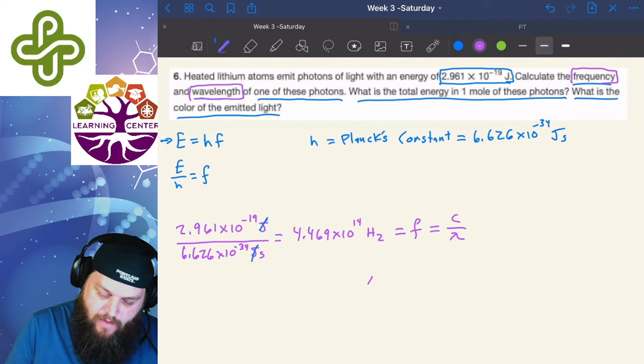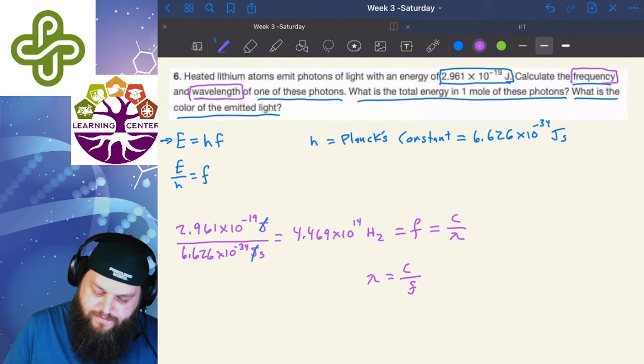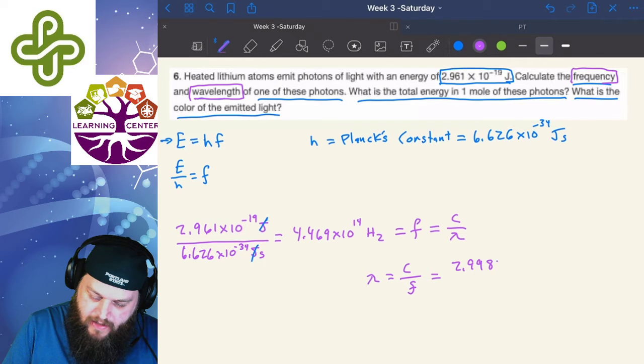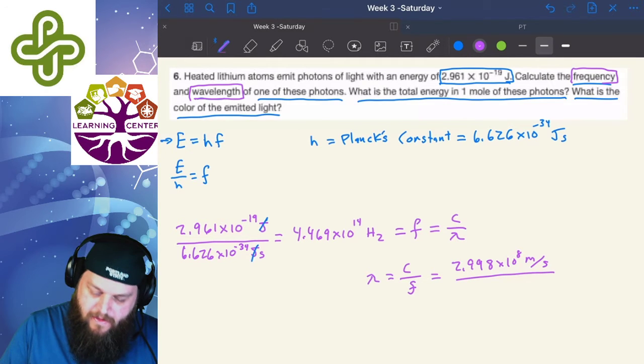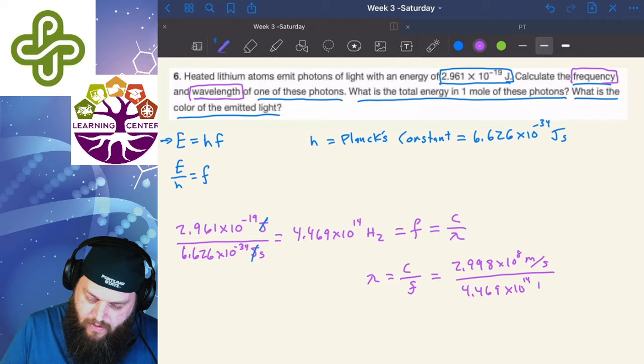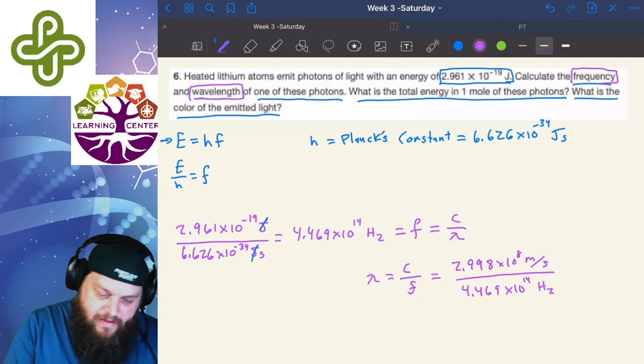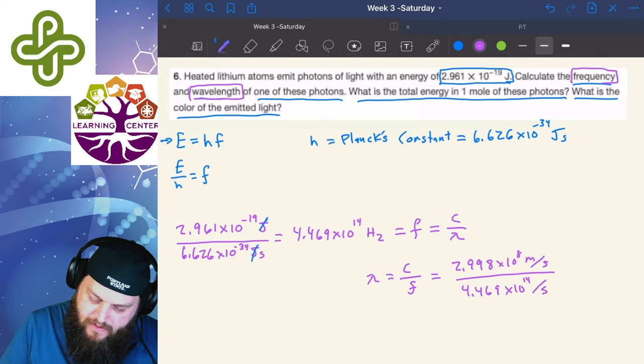Remember that wavelength is equal to the speed of light over the frequency, which in this case is going to equal 2.998 times 10 to the 8 meters per second divided by this frequency that we just found out, 4.469 times 10 to the 14 hertz. I'm going to write that as per second so my units cancel properly. So per second. And then I can cancel my units, which makes me happy.